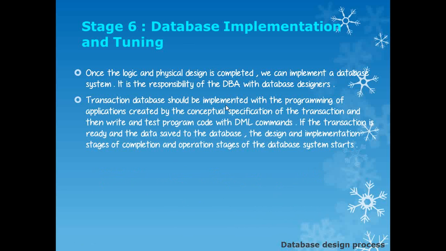Transaction databases should be implemented with application programs created from the conceptual specification of the transactions, then write and test the program code with DML commands. If the transactions are ready and data is saved to the database, the design and implementation stage is complete and the operation stage of the database system starts.